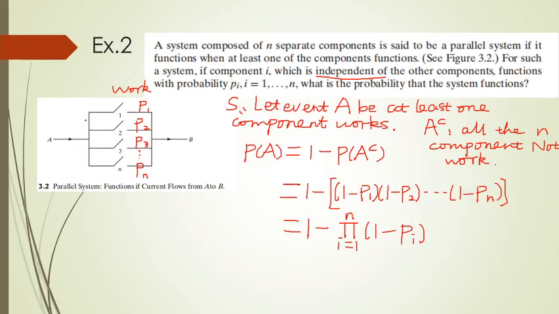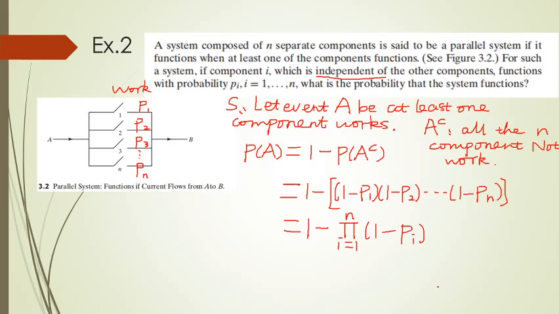If the circuit becomes more complicated, here it's pretty easy. Only if at least one of them works, then the flow from A to B is connected, right? And there might be more complicated circuits. I guess you will take your circuit class in the future. That is also an important part for engineering students. So that is example 2, pretty easy to work out the answers.